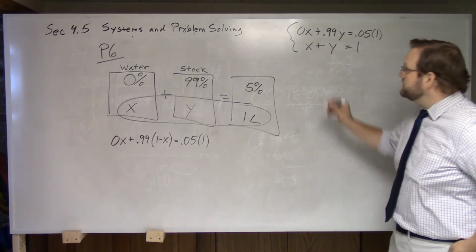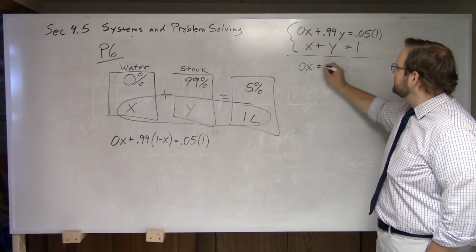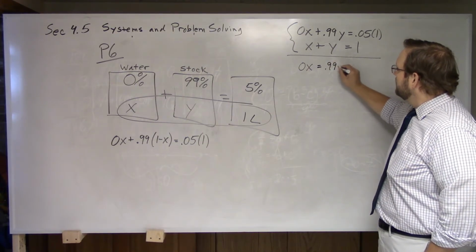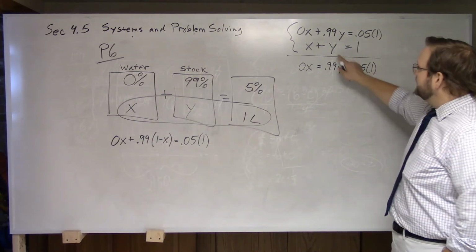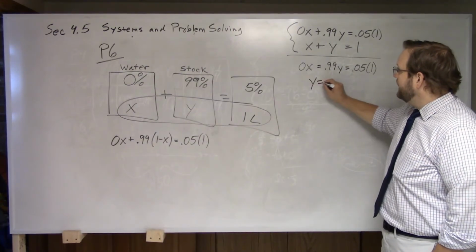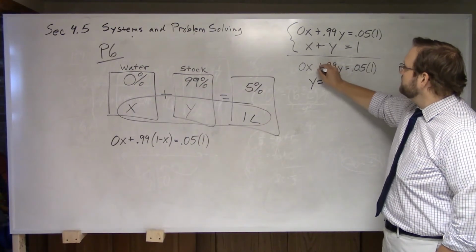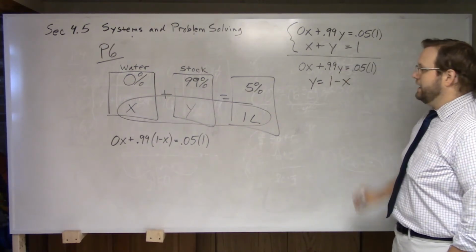If I'm using substitution, I need to solve one of these equations for a variable. Let's say I solve this one for y. If I solve that for y, what do I get? Whoops, there should be a plus sign. I would subtract that x, so I have 1 minus x.